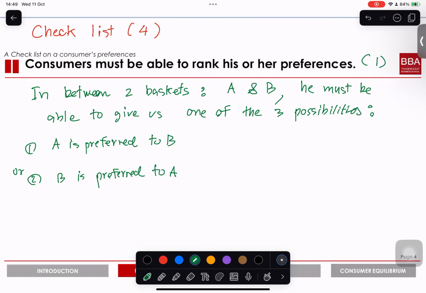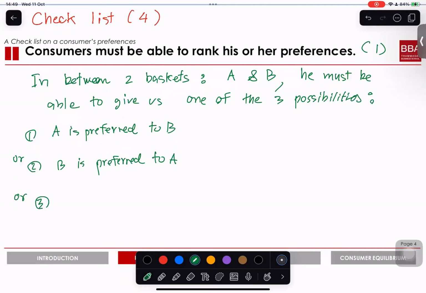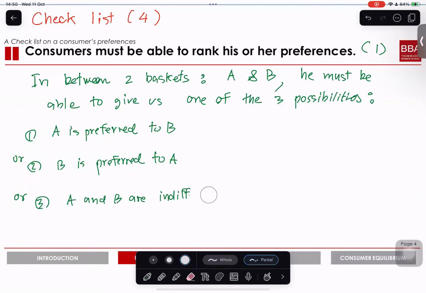Or third, he feels indifferent between the two baskets. A and B are indifferent, no different in terms of providing happiness.